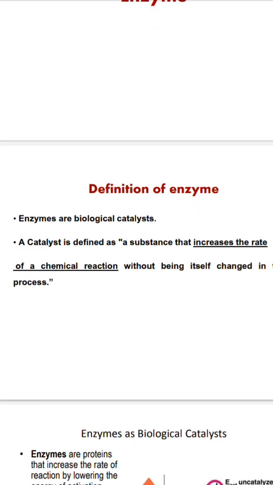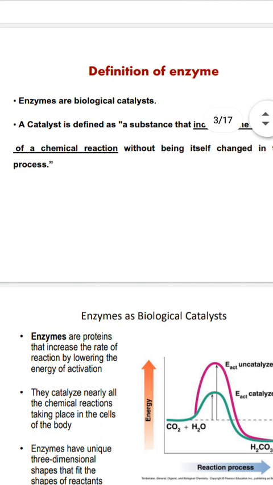It means when the reaction is taking place, when the reactant is going through the process to form a product, then the catalyst plays a major role in increasing the chemical reaction, right?